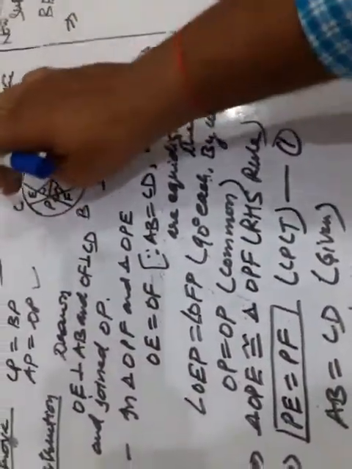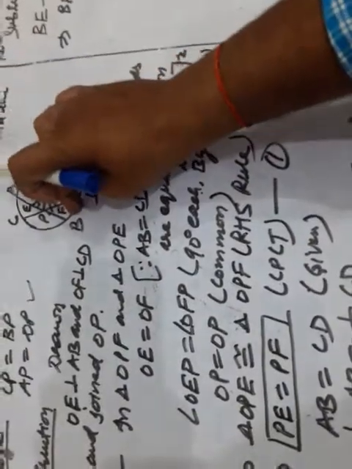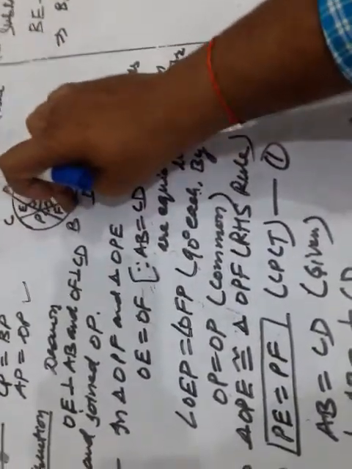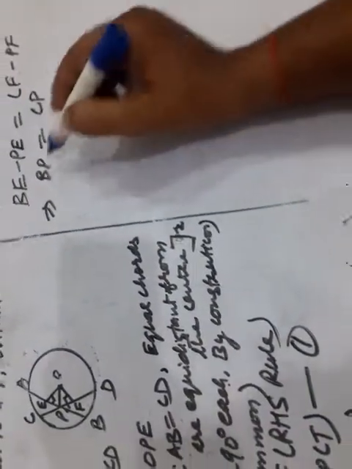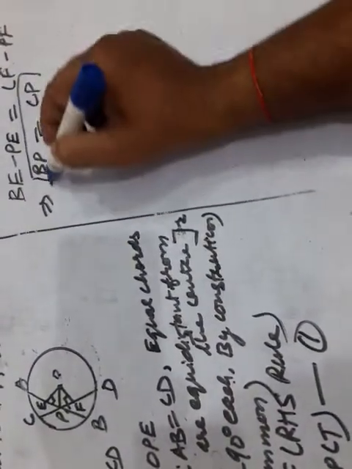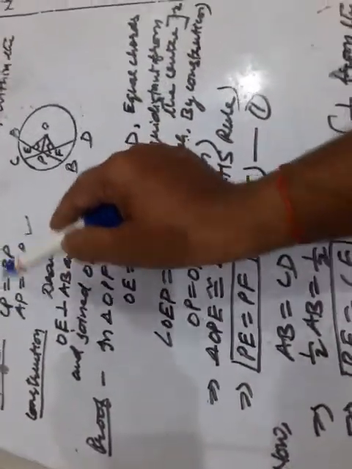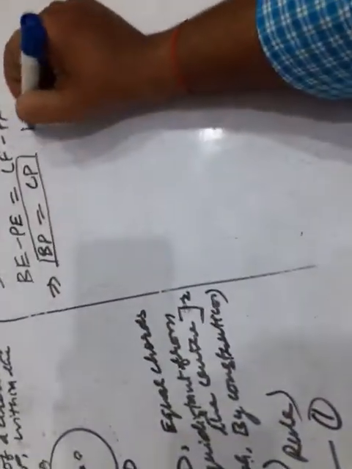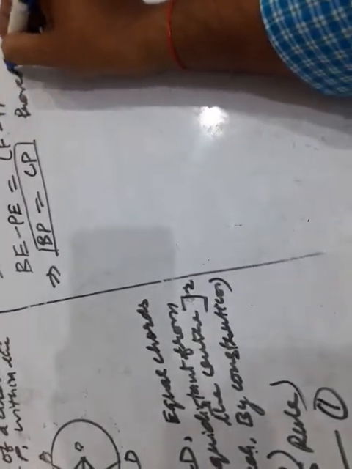CF minus PF, that is CP. And we have got the second relation also to be proved. BP equal to CP, or CP equal to BP. Okay children, so another part is also proved.